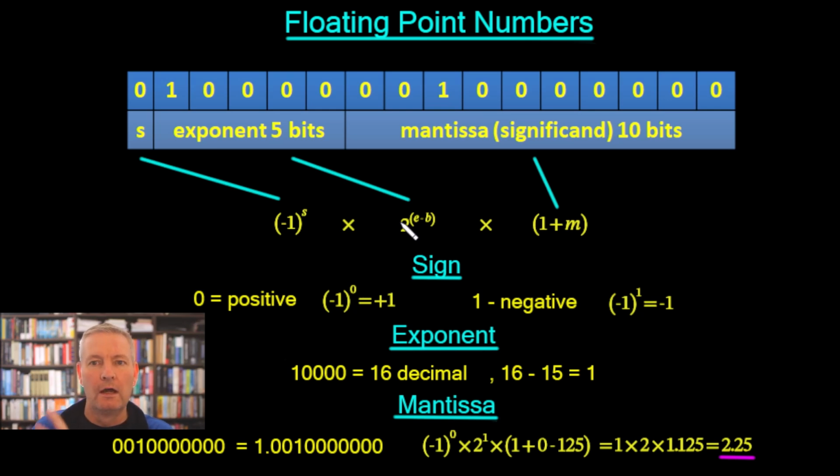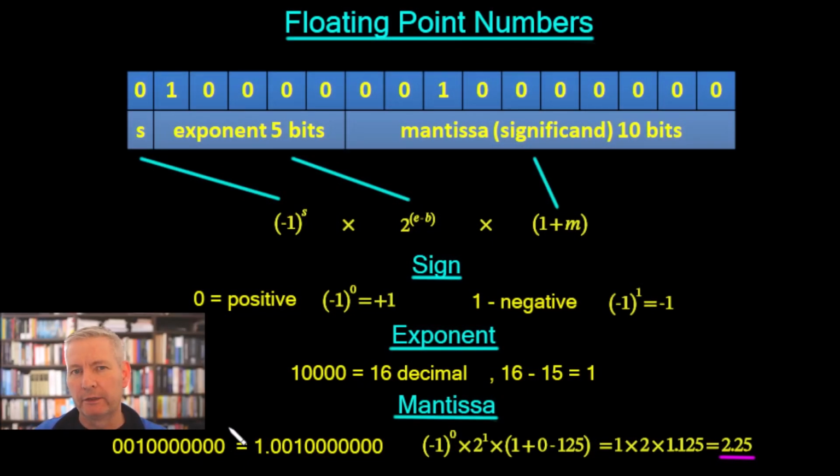But it's not going to give us the very first range, which is all the fractional values between 0 and 1. So in order to get all the fractional values from 0 to 1, we're going to have to introduce this thing called a bias.